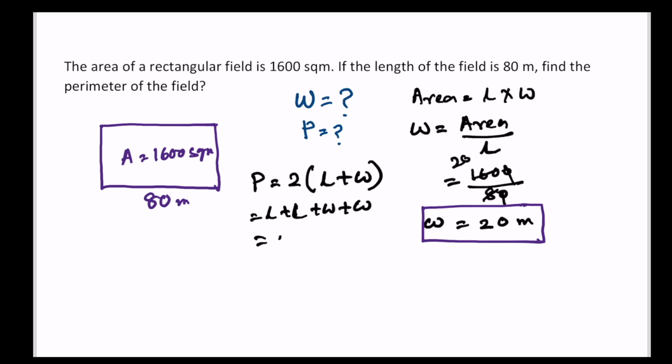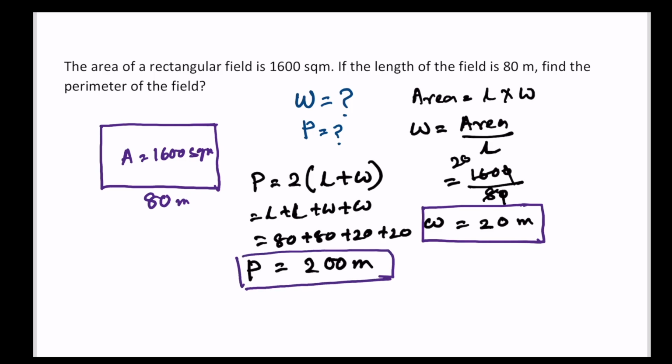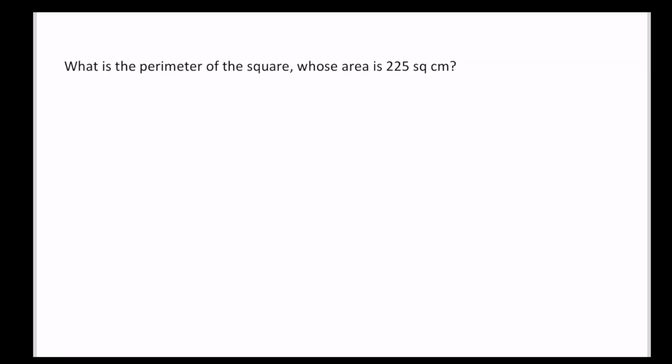Length here is 80, so 80 plus 80 plus 20 plus 20. 80 plus 80 is 160. 160 plus 20 is 180, plus 20 is 200 meters. So the perimeter of this rectangular field is 200 meters. We found our answer. Let's go to the next problem.